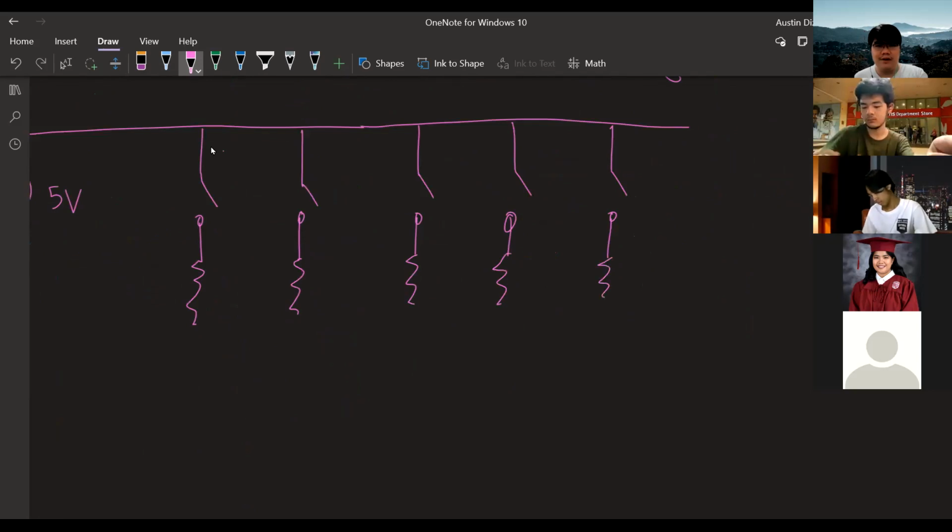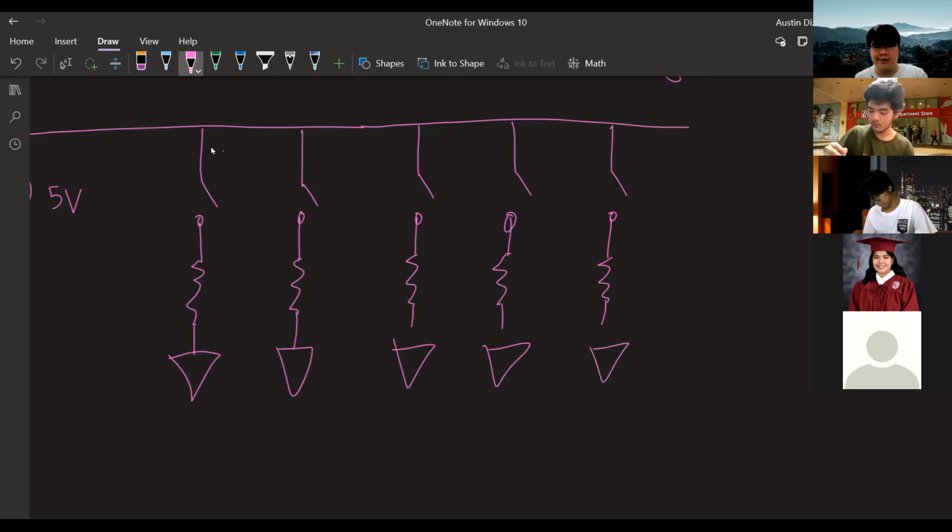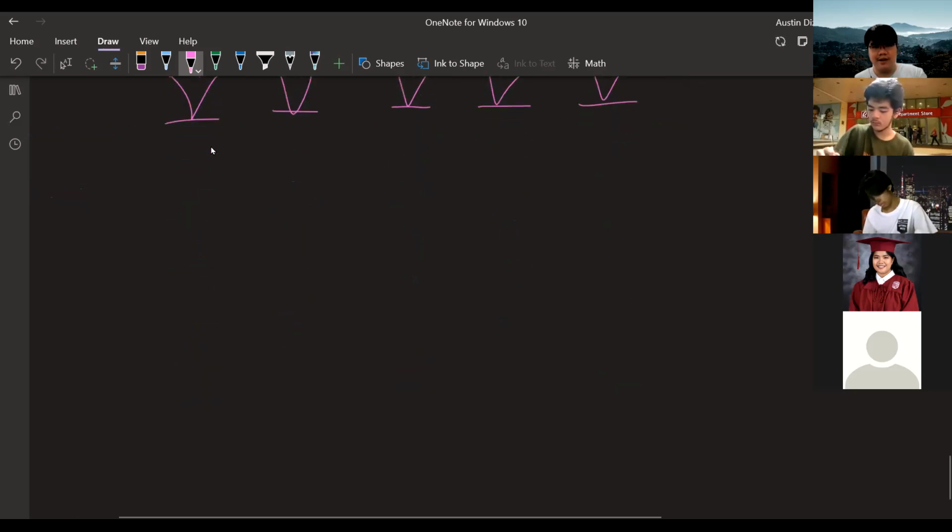So equal ko lang to lahat ng resistor ko para simple yung model ko. Diode, diode, diode. And then pwede pa ako maglagay ng extra resistors.